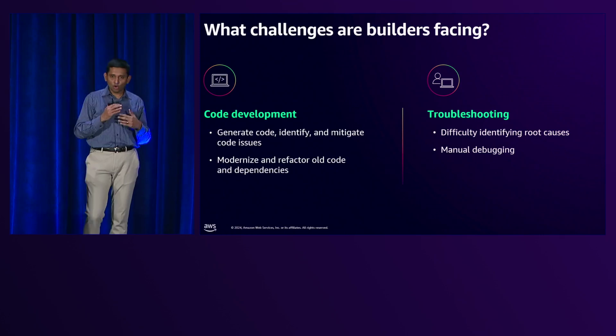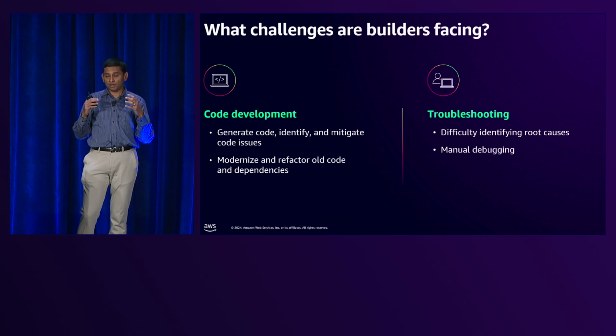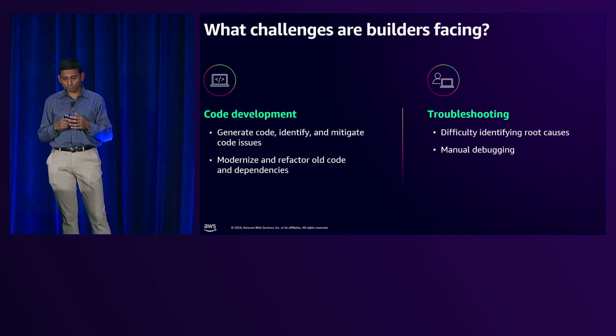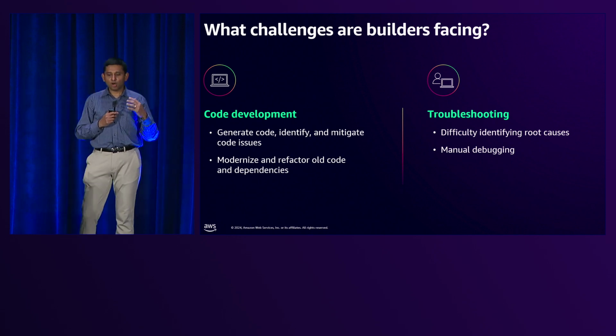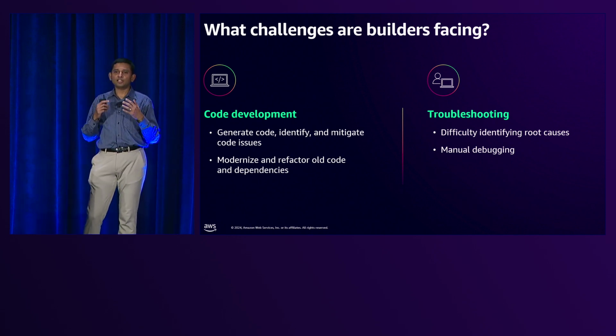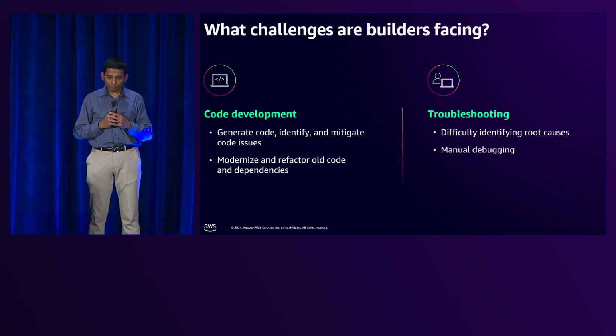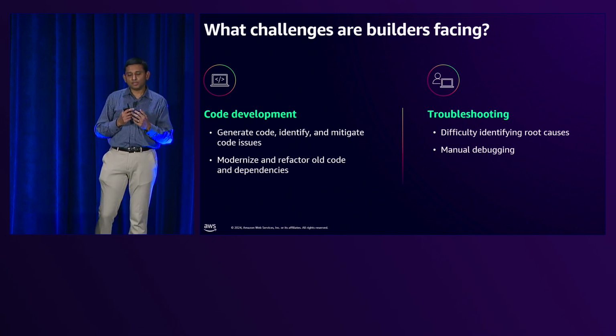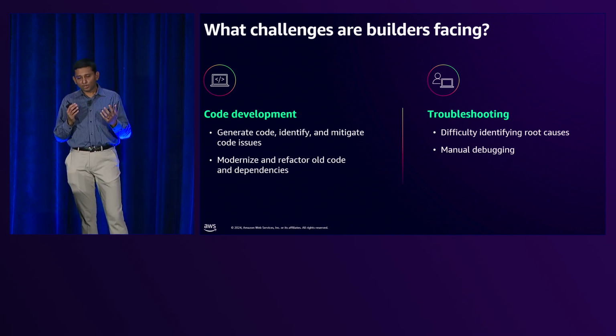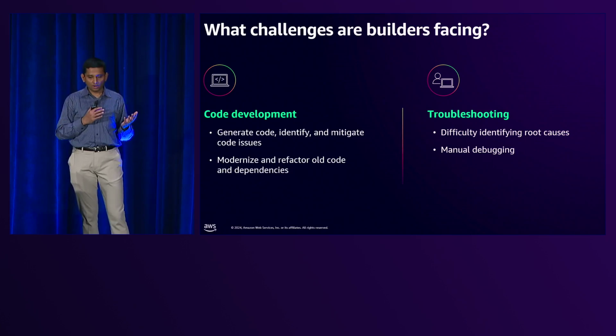And the cycle is slow, it's error-prone, and in the long run, it stifles innovation, and developers cannot really build the innovative applications that they envision. From a troubleshooting perspective, tracing errors to their origin often involves analyzing vast amounts of data from logs, from streams, from monitoring stacks, and even user feedback. To meet today's business demands, the software development process desperately needs an overhaul on automation and intelligence.